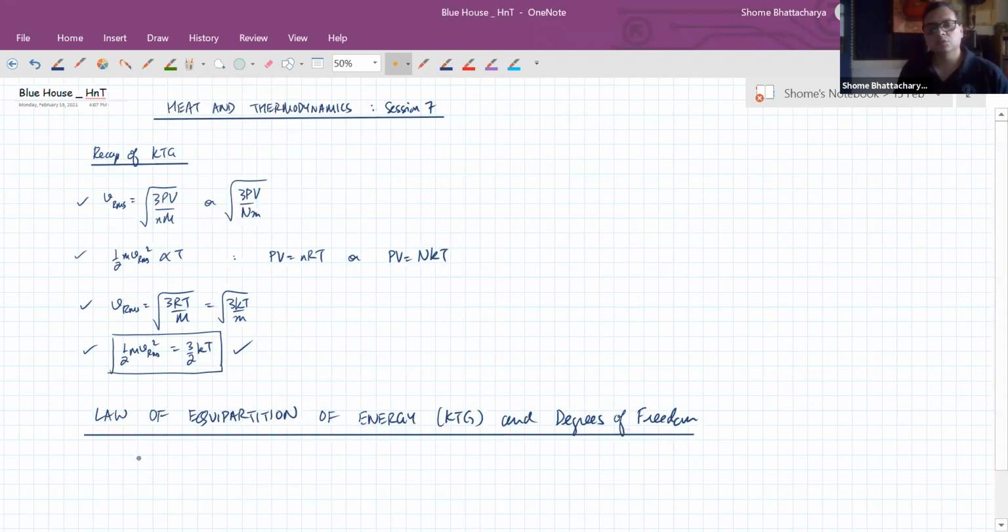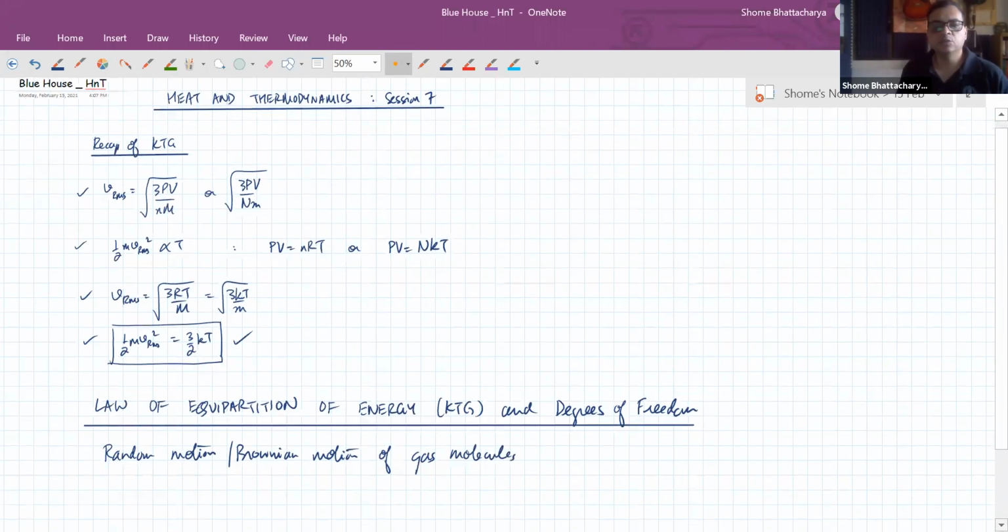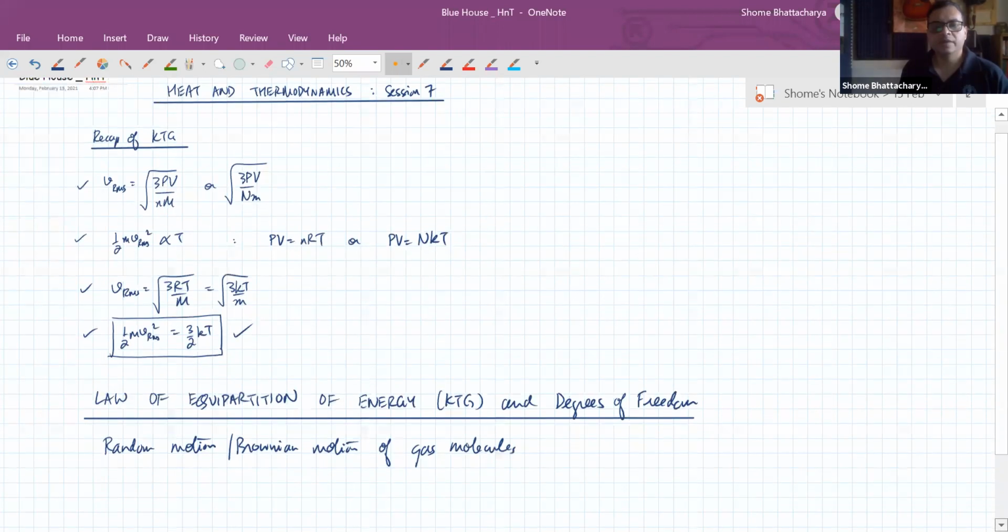From the theory of random motion, or the Brownian motion of gas molecules, the direction of motion for a gas molecule is equally probable along any axis.